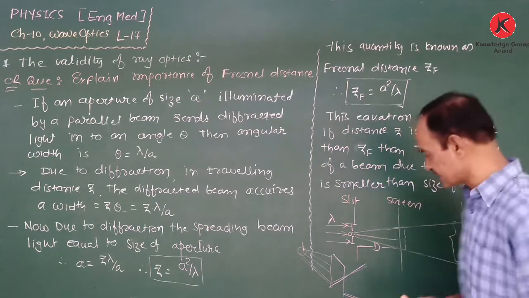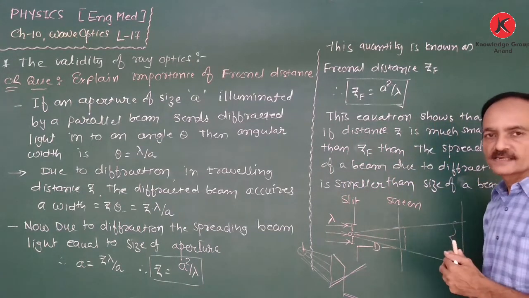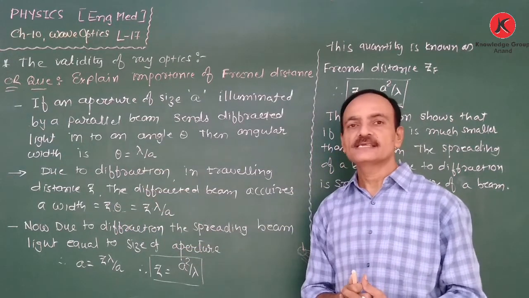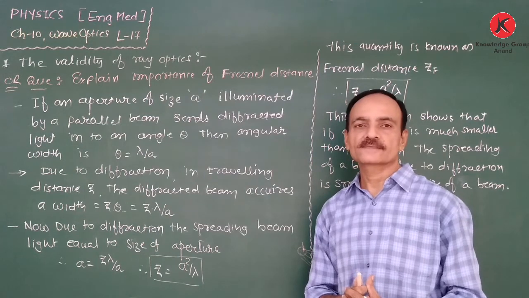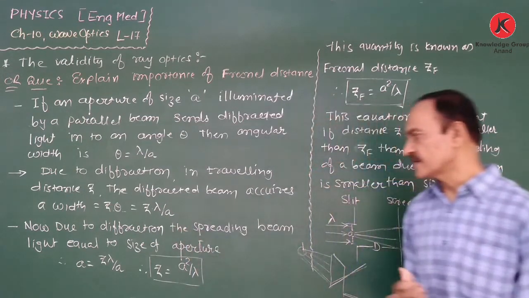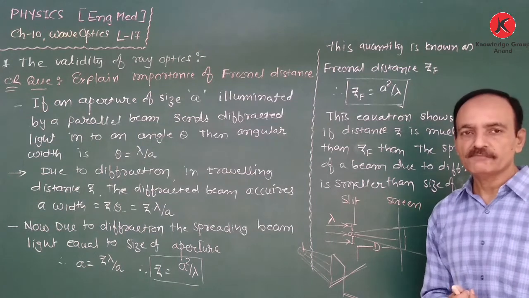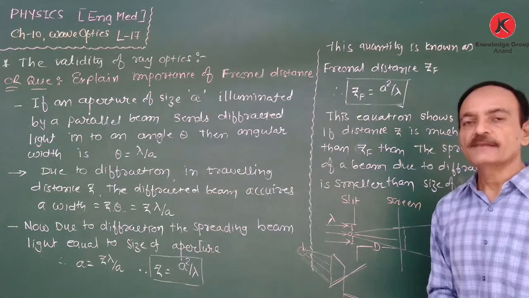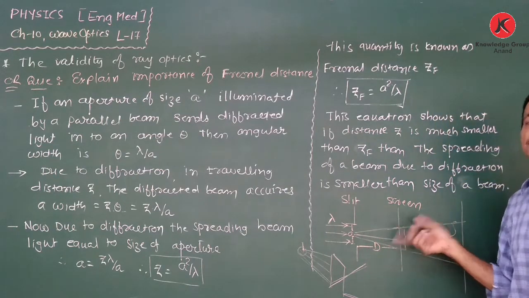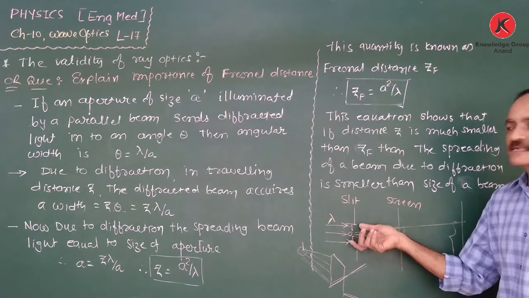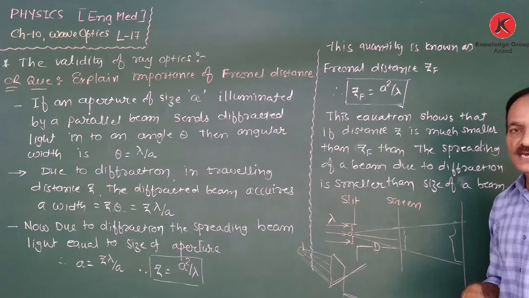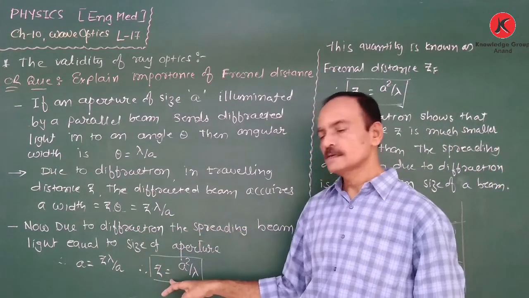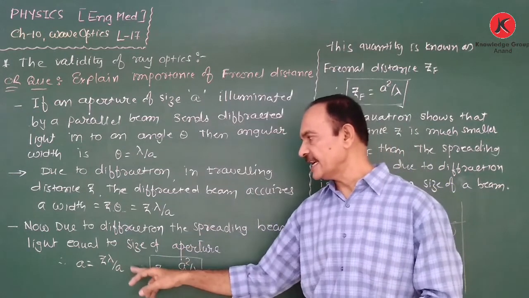Z is the distance between the slit and screen. Therefore, Z into theta is equal to Z lambda upon a. Now, due to diffraction, the spreading of the beam of light is equal to the size of the aperture, a.